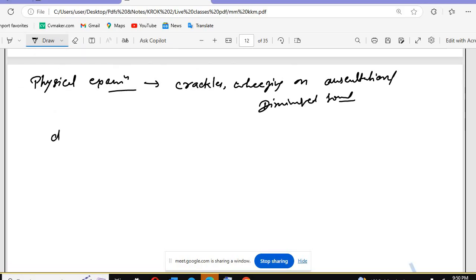On chest X-ray, what are you going to see? There will be patchy infiltrates in multiple lobes.